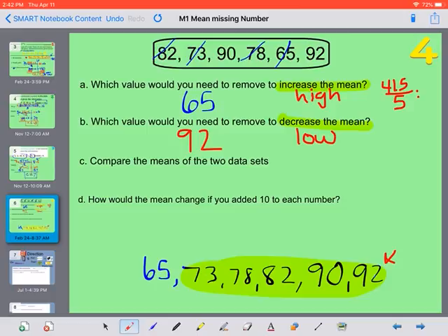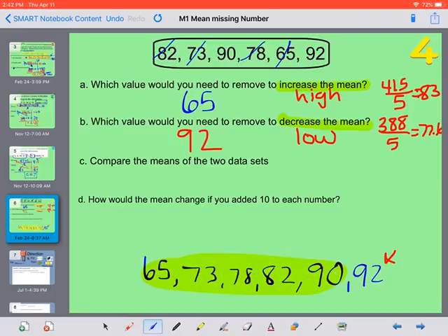We get a mean of 83. If we look at all the low numbers, we have 65 plus 73 plus 78 plus 82 plus 90. We have 388. Again, divided by 5 gives us 77.6.